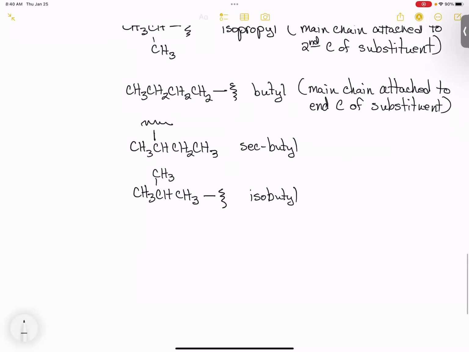And the last one has 3 CH3 groups around the carbon that's attached to the main chain. And this is called tert-butyl. Sometimes also called T-butyl.